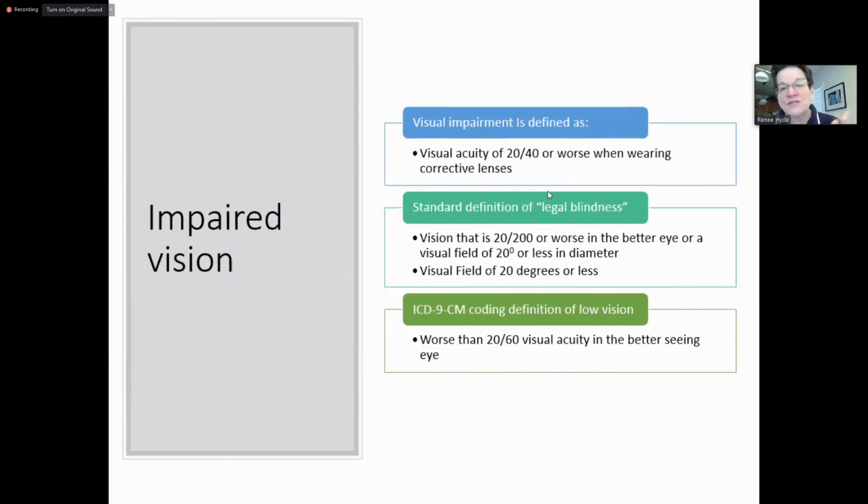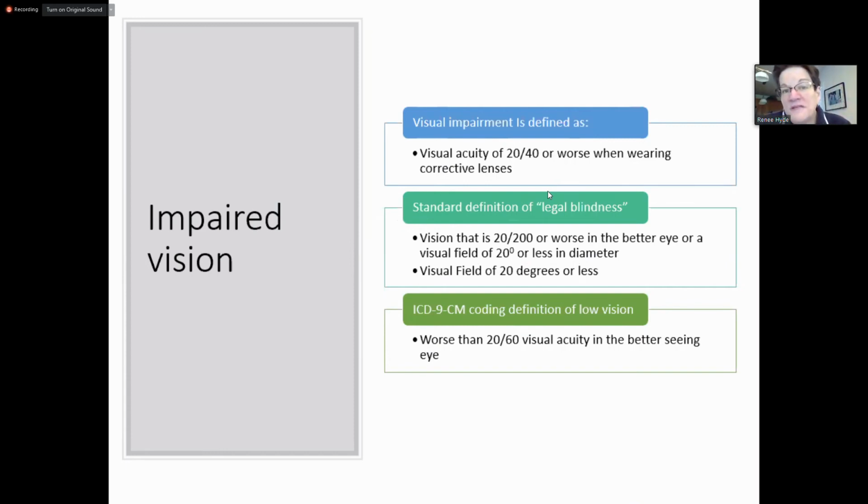Now, as a general rule, there's a difference between impaired vision and blindness or low vision. And these are definitions basically developed by the federal government.